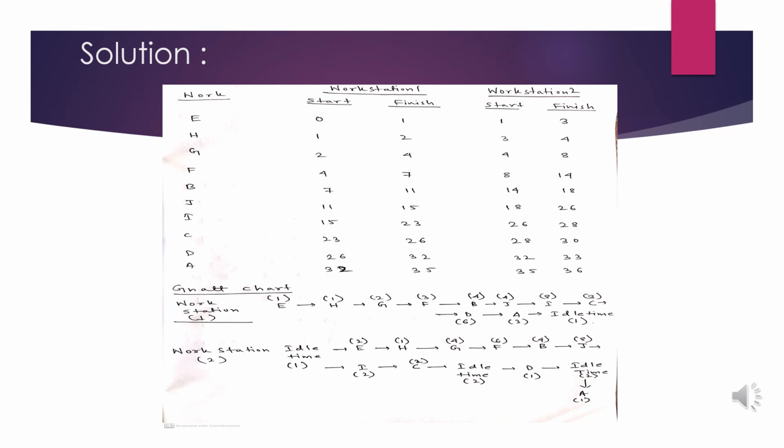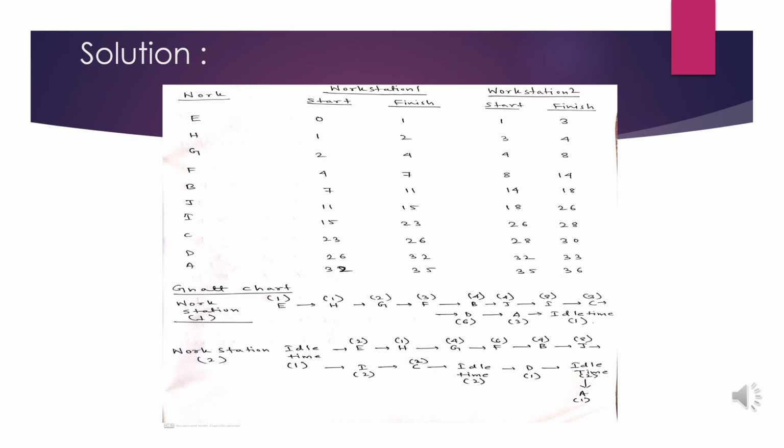But if you see now, D in workstation 1 has ended at 32, but the work C at workstation 2 has ended at 30. So the work D at workstation 2 cannot start before 32. So there will be another idle time there. Then it ends at 33.